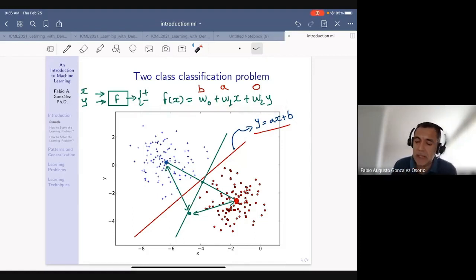This actually defines a hyperplane. Where is that hyperplane? This function lives in a three-dimensional space, which is this one. Let's do it here.